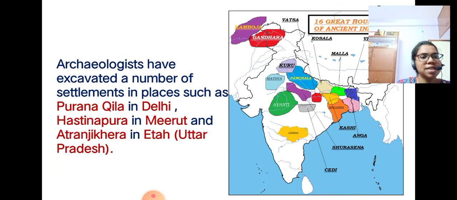There are totally 16 Mahajanapadas. According to the archaeologists, they have excavated a number of settlements in places such as Purana Qila in Delhi, Hastinapura in Meerut, and Atranjikhera in Uttar Pradesh.